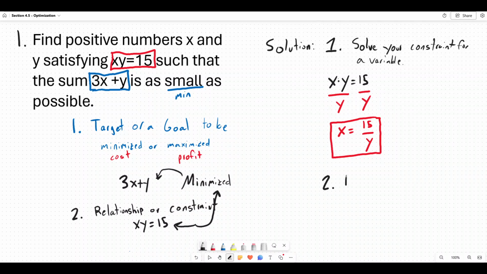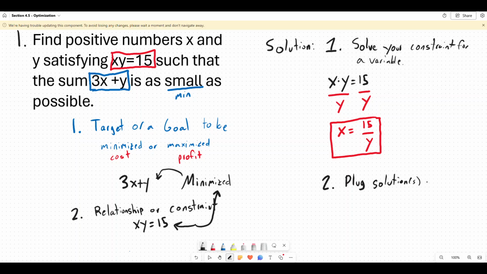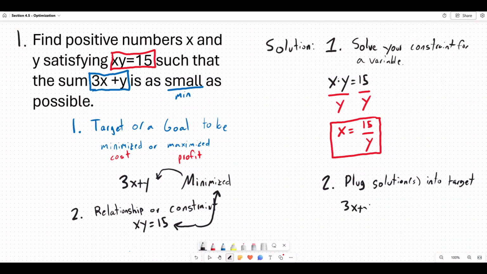Okay. Step two, plug your solution or solutions into your target. So 3x plus y is now going to be 3 times 15 over y plus y.